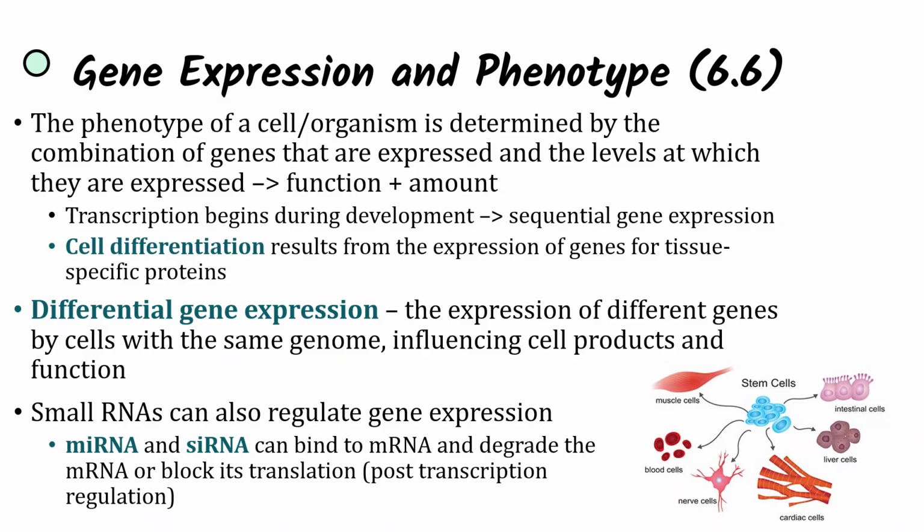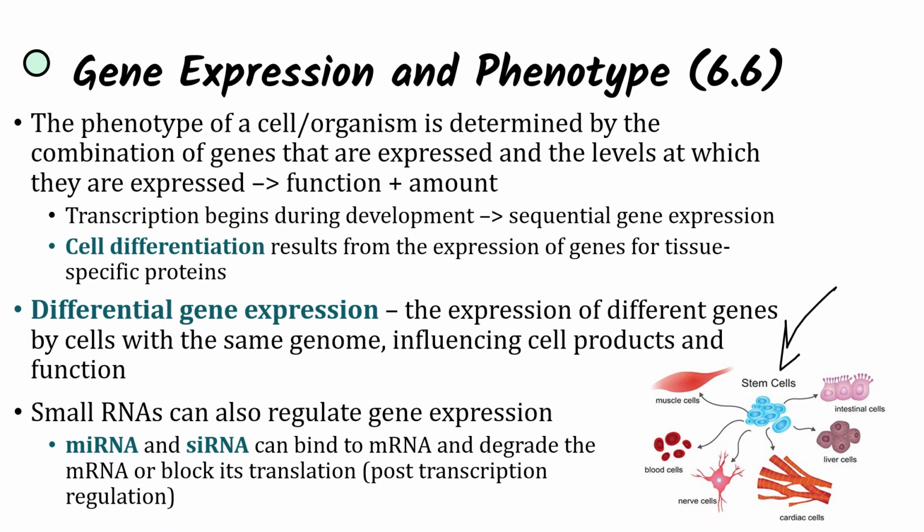And transcription is going to begin during development, at the very beginning, and gene expression will continuously occur throughout development. And so cell differentiation results from the expression of genes for tissue-specific proteins. And what I mean by this is when different genes are expressed within different cells, then these cells are going to become different. They're going to have different jobs, even if they started from stem cells that have no innate function.